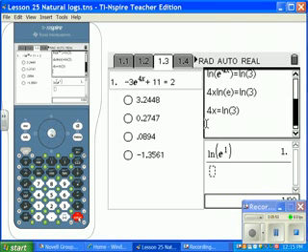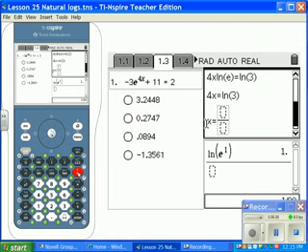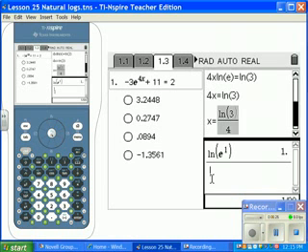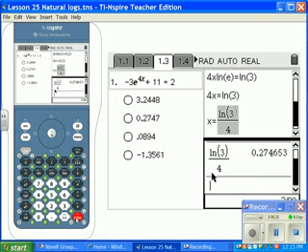Ln of e is 1, so 4x times 1 is 4x. Okay, so now I still haven't gotten x alone, right? I'm solving for x. What do I do? Divide by 4. So we get x equals, and then as a fraction, ln of 3 over 4. And how do you think I'm going to find the value of that? Yeah, I'm going to copy it because it's easier to do that. I'm going to paste it and get my answer.